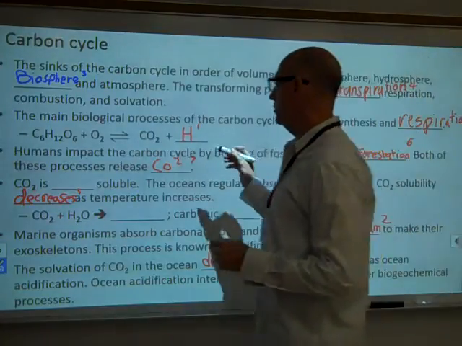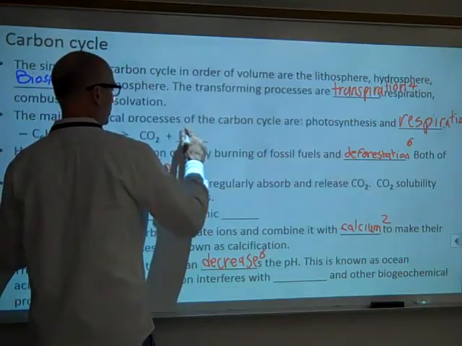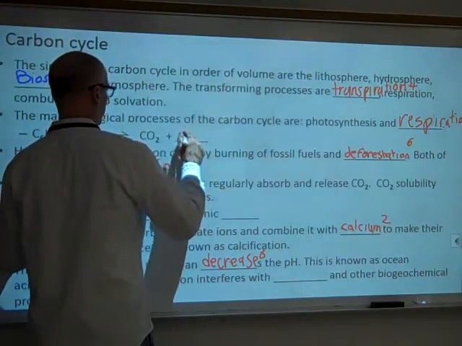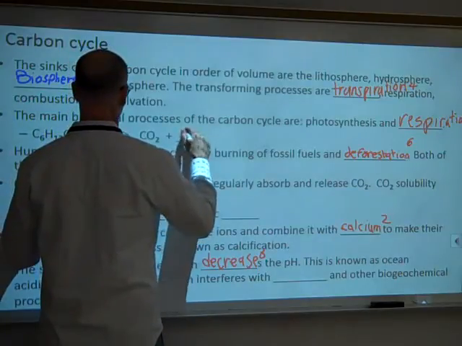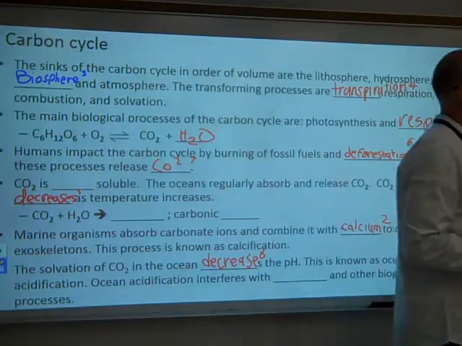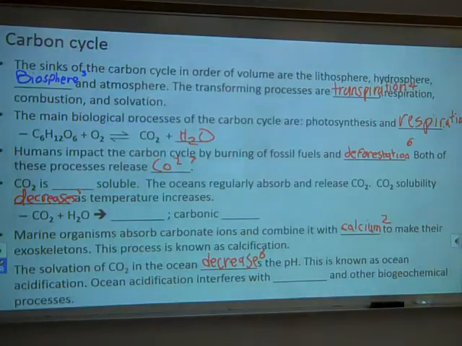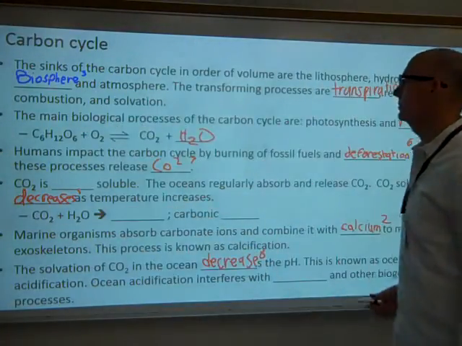And that is the main way in which carbon is exchanged. CO2 and H2O. Carbon is exchanged back and forth through the biosphere. So that's the main way carbon is exchanged back and forth through the biosphere.